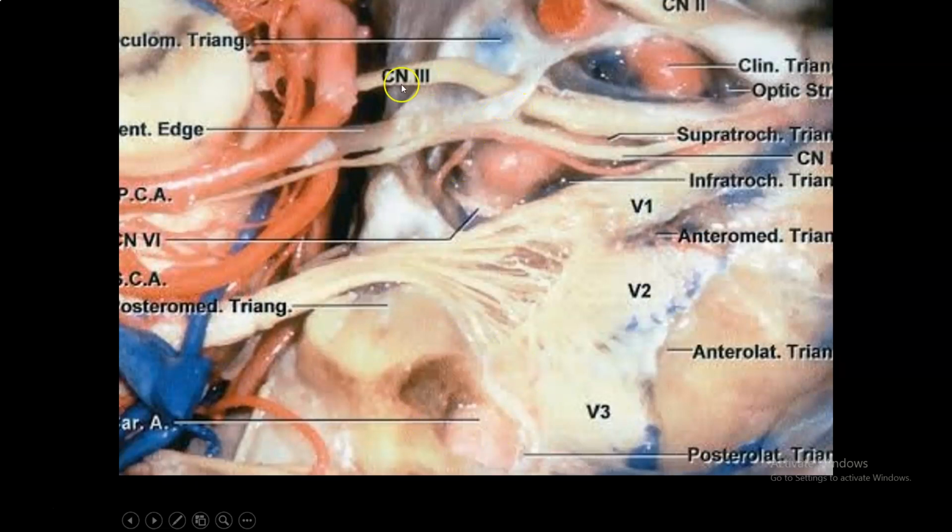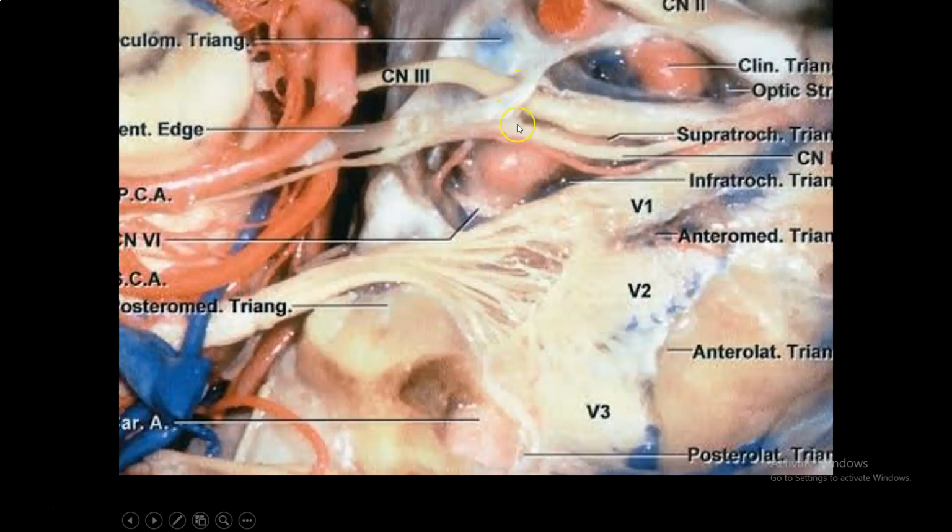Another view, more clear, interpeduncular fossa, oculomotor nerve between the posterior cerebral and superior cerebellar arteries, going through the oculomotor foramen or oculomotor trigone, and going inside the cavernous sinus, and the trochlear nerve from behind, passing the edge of the tent, also reaching the cavernous sinus in the lateral angle of the oculomotor trigone or oculomotor triangle.